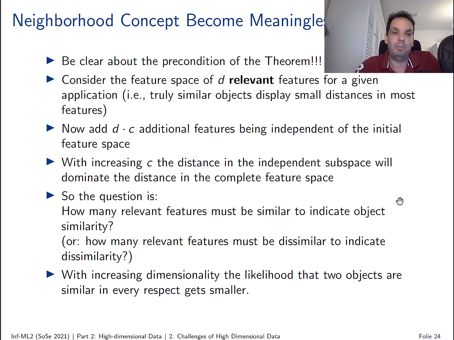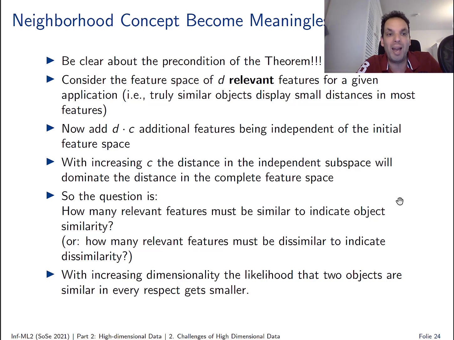Okay, so once again, be clear about the preconditions of the theorem of this concept here. So we consider the feature space to be of d relevant features for a given application. So the truly similar objects display small distances in most of the features, then the features are really relevant.